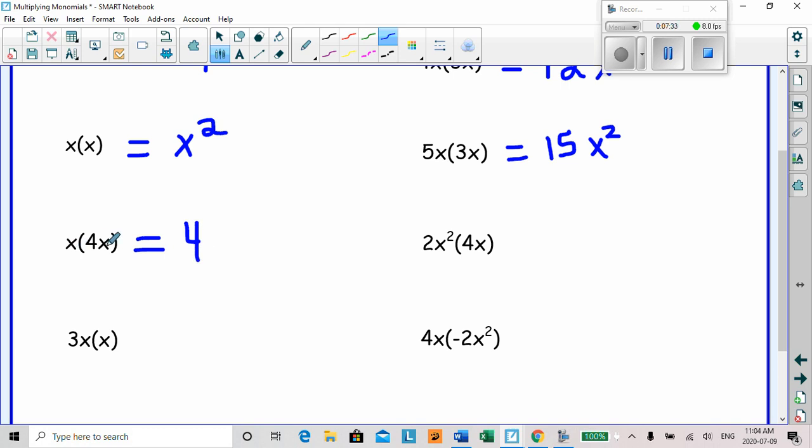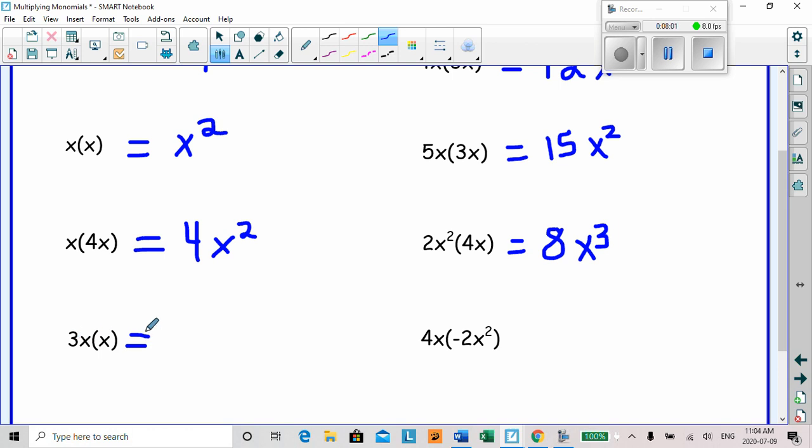And again, we have x times x. So that is x squared. Here we have 2 times 4. That's 8. x squared times x. So there's 2 x's here and 1 x here, means I will have 3 x's multiplied together.